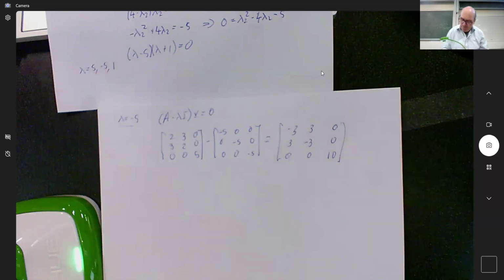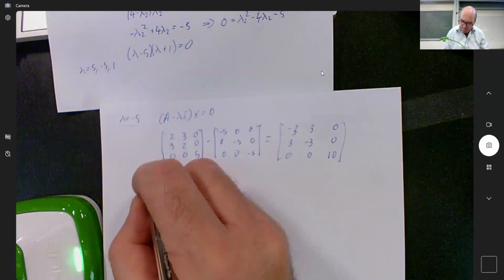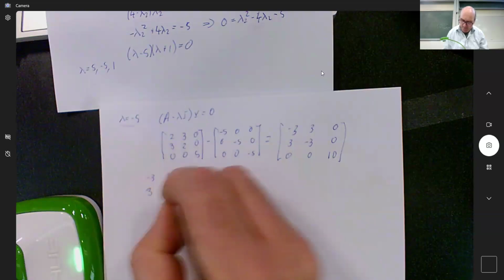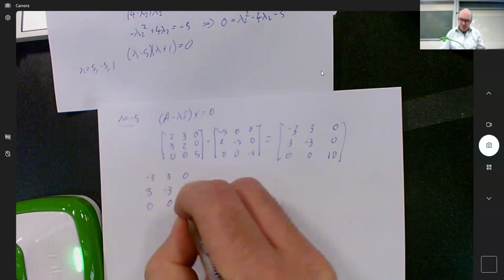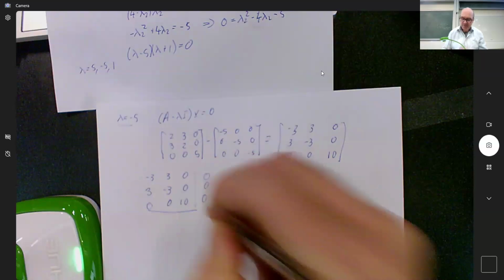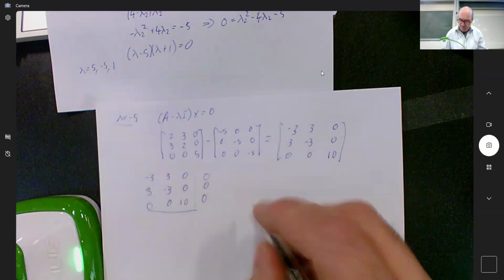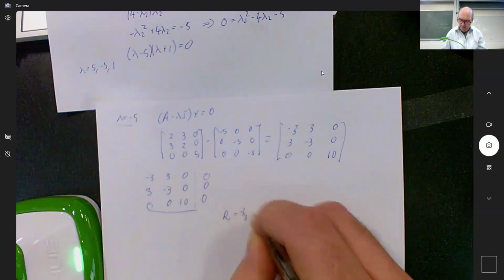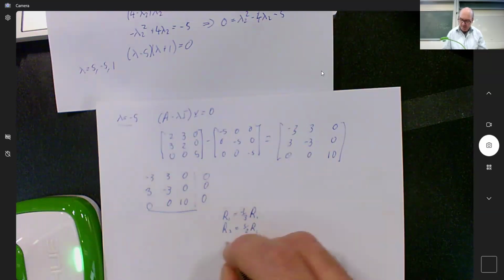And so if I do my row operations on that, let's write this out: minus 3, 3, 0, 3, minus 3, 0, 0, 0, 10. I'm solving for where this is equal to 0. Going to do my row operations. So row 1 is equal to minus a third row 1, row 2 is equal to a third row 1, and row 3 is equal to a tenth row 3.